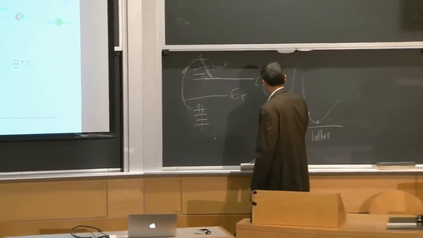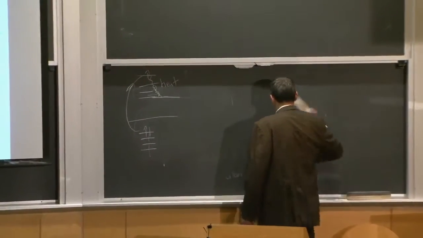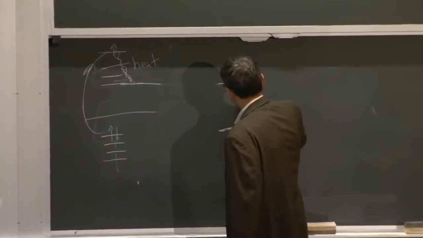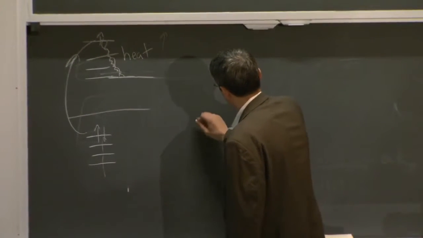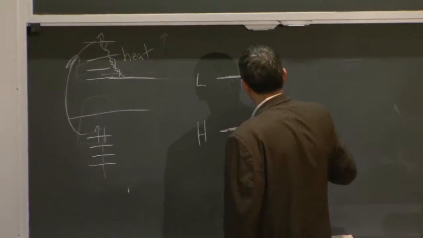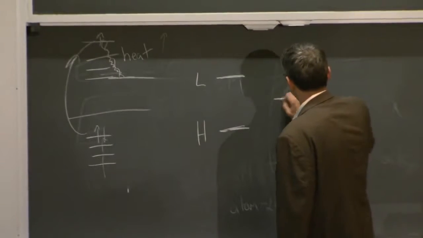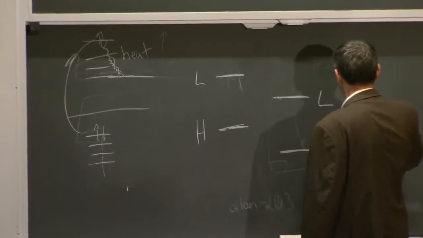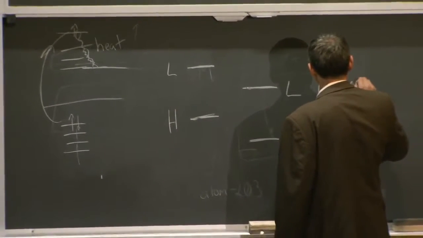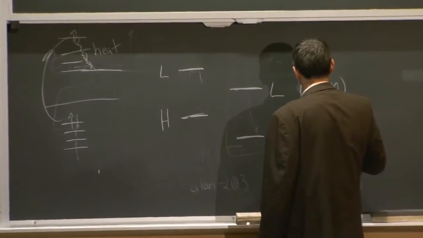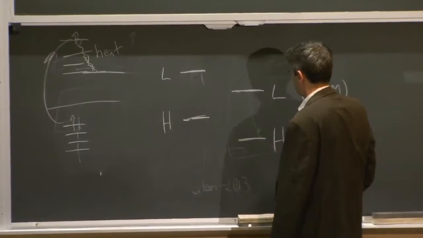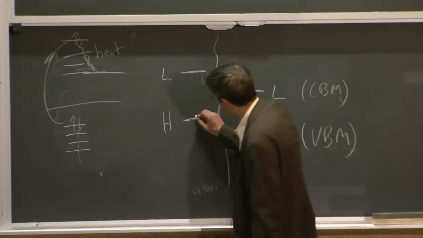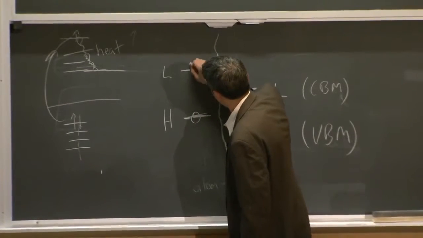So again, it comes back to having one material with levels, this is, let's say, the HOMO and the LUMO, or if you want to think about this as the conduction band and the valence band, you need to have, if you have a really strongly bound electron hole, there it is.